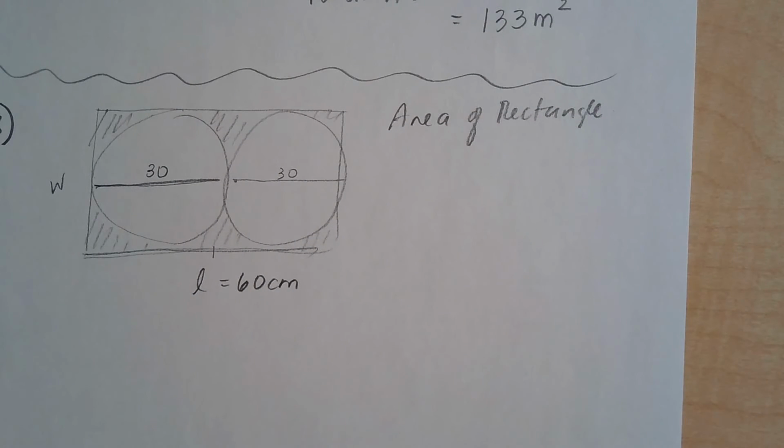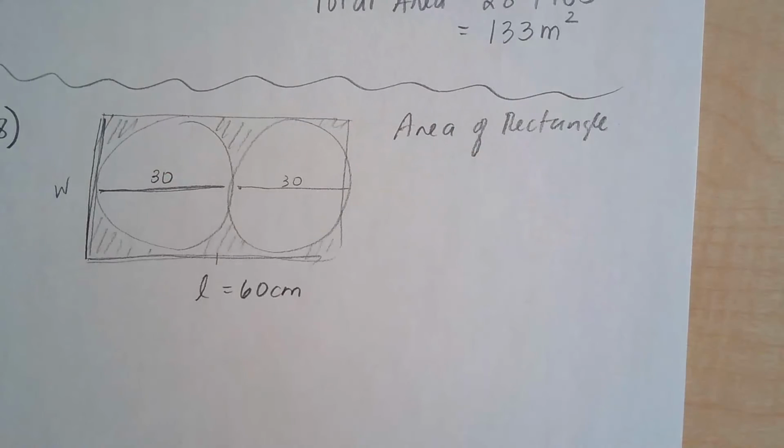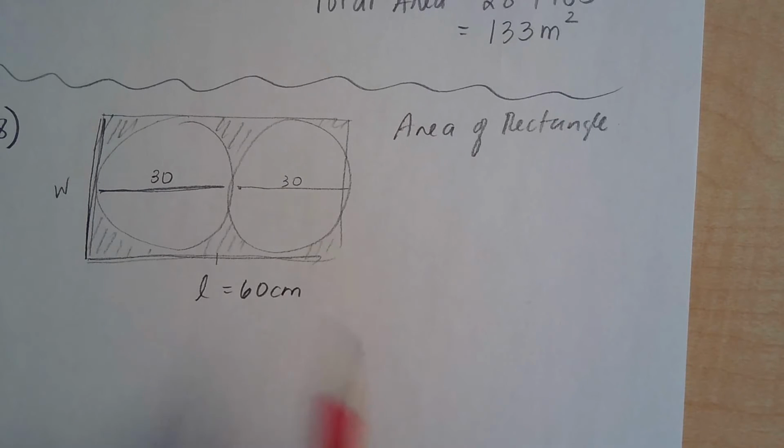Okay? So I figured out the length. What about the width of the rectangle? What would it be? 30 as well? What makes you think it's 30? You are correct.